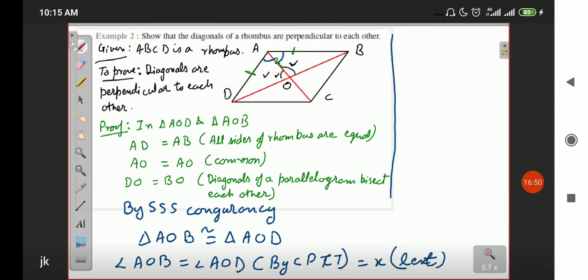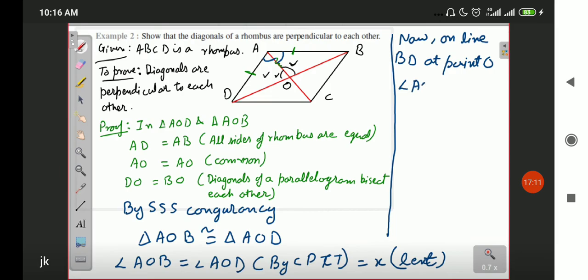Now, on line BD at point O, the sum of these two angles will be equal to 180 degrees.